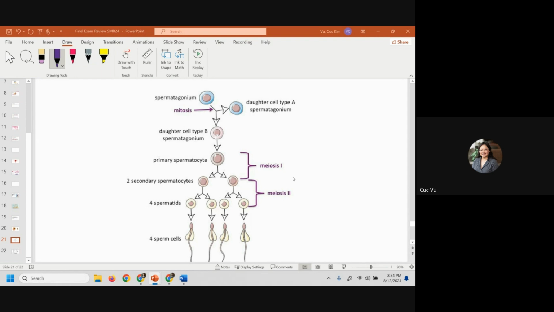So one main difference is that spermatogenesis occurs when? During the male fetal development, at puberty. When does it start? And when does it end? To end?